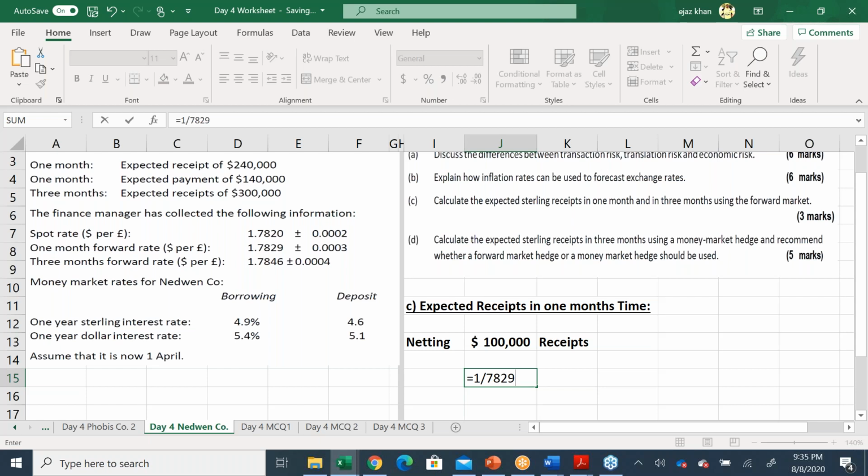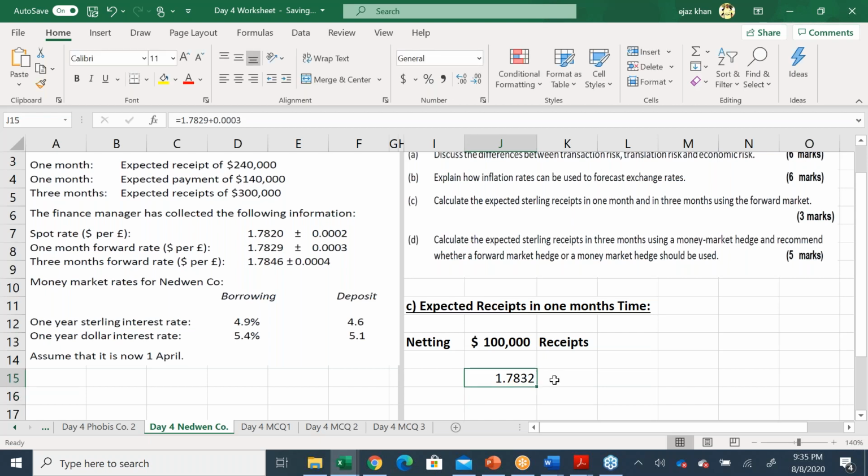1.7829, and let's add first 0.0003. 1.7829 plus 0.0003.